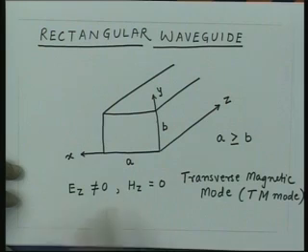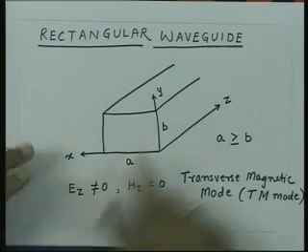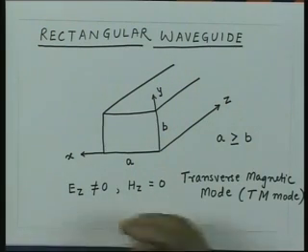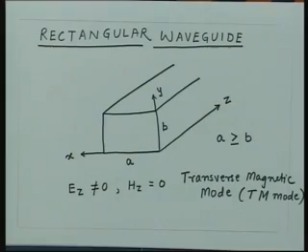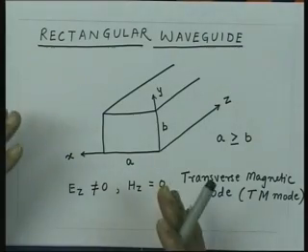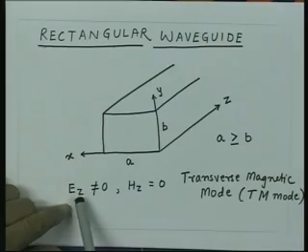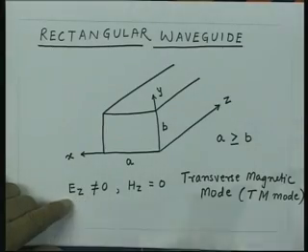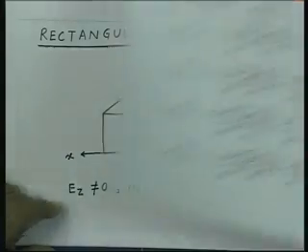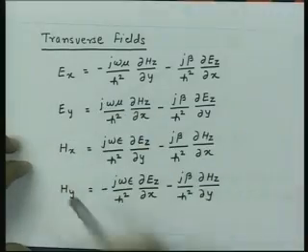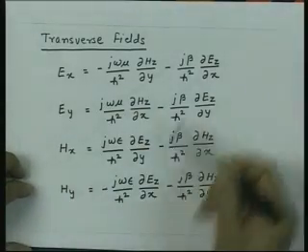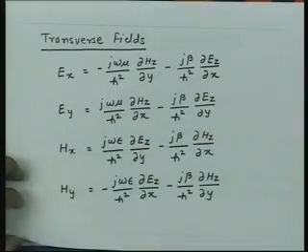Of course, Ez and Hz, both, or all field components for that matter, have to satisfy the wave equation inside this structure. So, the approach now is as follows. First we solve the wave equation for this longitudinal component Ez, then we go to the expressions which we derived last time for the transverse components, substitute Ez and Hz equal to 0, and we will get the transverse fields for the transverse magnetic mode.